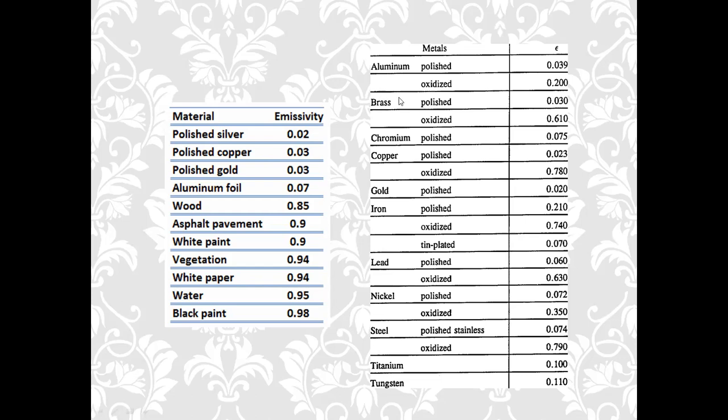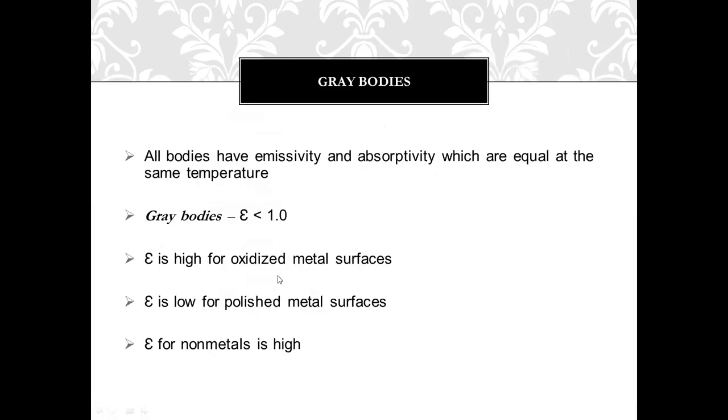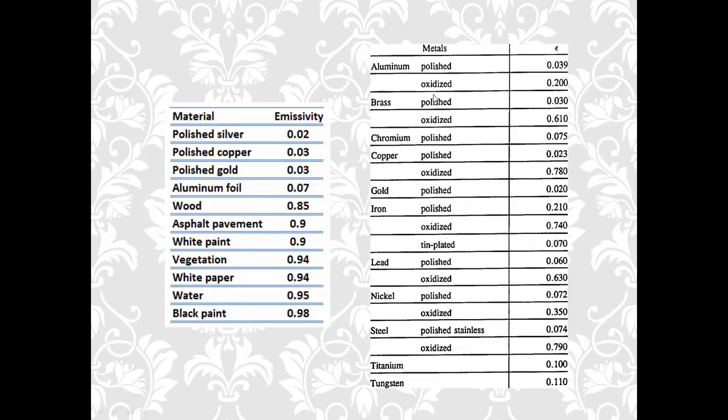If you compare the emissivities for the same material, polished and oxidized, notice that for the oxidized material, the emissivity is higher. Just like what is stated in the previous slide, for oxidized material, emissivity is high. So for brass, you have this value, and for copper, you have something to compare it to as well.